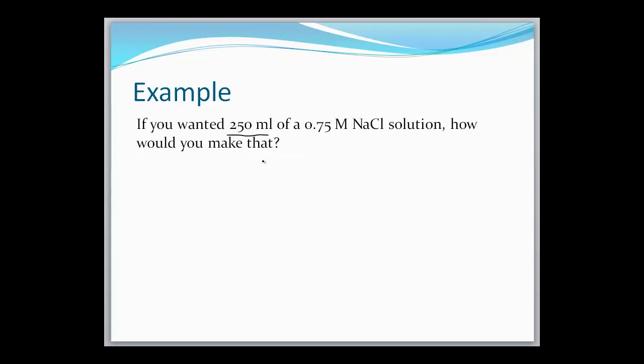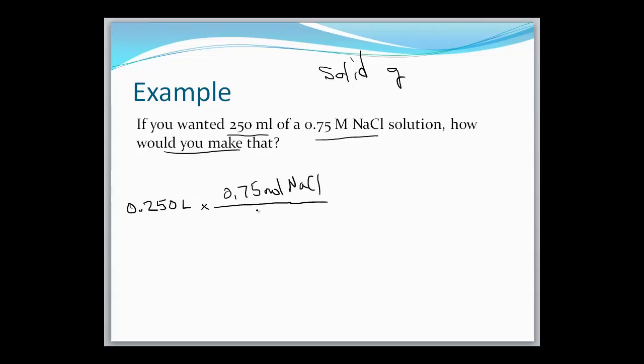We want to make 250 milliliters, so right away I'm just going to write that as liters, of a 0.75 molar NaCl solution. And it says, how would you make that? So what we need to know is how much of the solid in grams would we put in a 250 milliliter solvent to make that solution. So if we're starting with liters, 0.75 M means 0.75 moles NaCl per liter of solution.